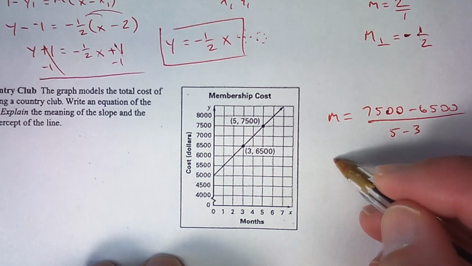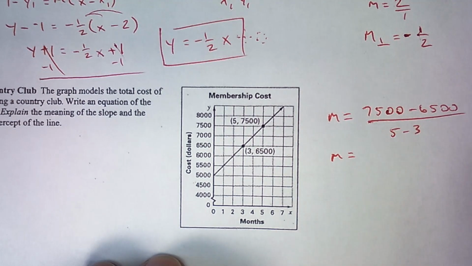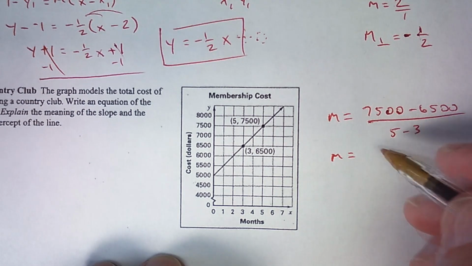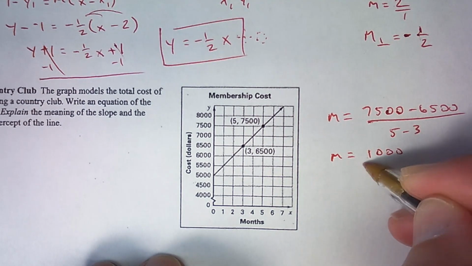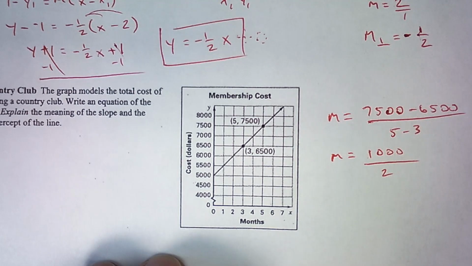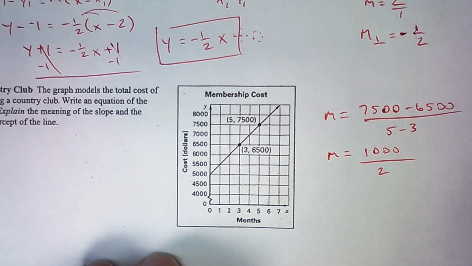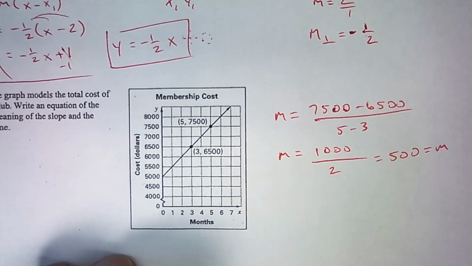Okay, so m equals 7,500 minus 6,500 is 1,000, over 5 minus 3 is 2. And 1,000 over 2 simplifies to 500. So there is the slope.